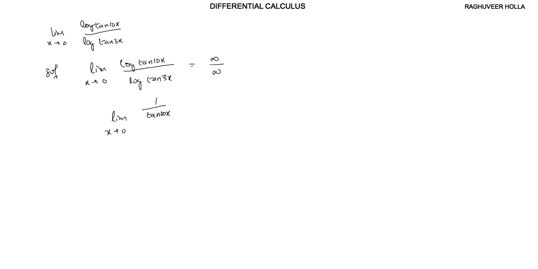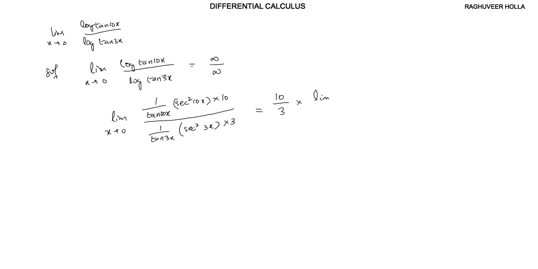So again, by using L'Hopital's rule here, log of this becomes 1 by tan x, and tan will be secant square x, and multiply 10. This divides by 1 by tan 3x, and this is secant square 3x multiplied by 3.